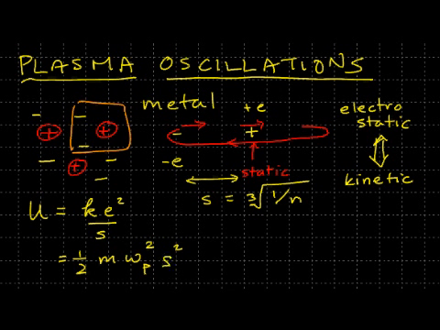So stating these as equal is a little bit odd because it's clearly not a truly harmonic oscillator, because the force acting on these goes like 1 over the separation squared, and it's not proportional to the separation as it should be in a harmonic oscillator. So that's where this derivation is really quite rough. But it gives you the correct form, and it gives you the correct physical insight. And the result of a little bit of algebra is just that the plasma frequency scales with the square root of the free carrier density times charge squared, divided by the mass.